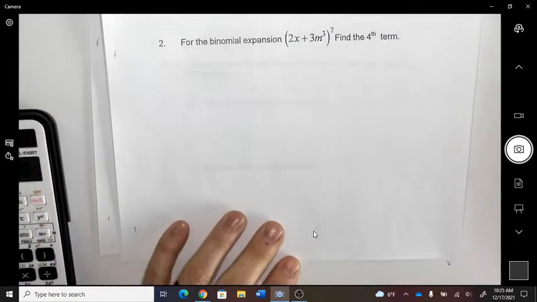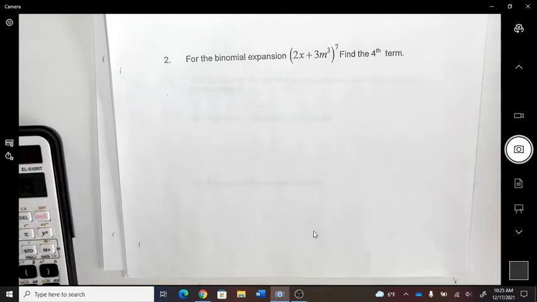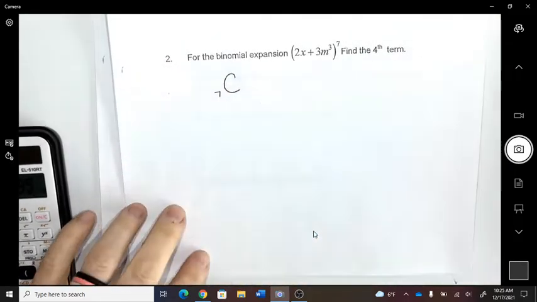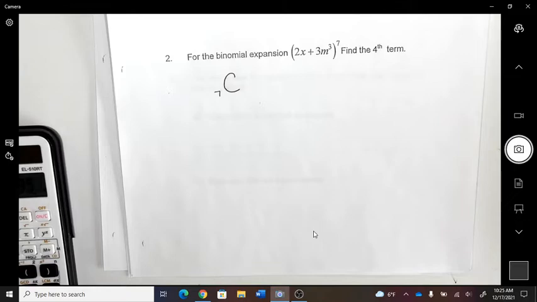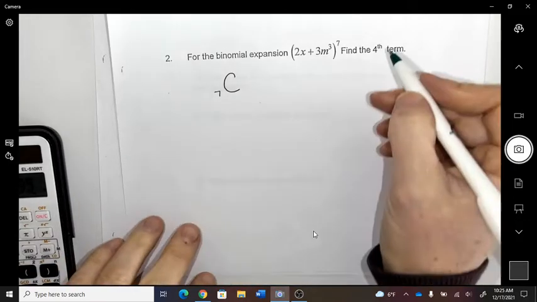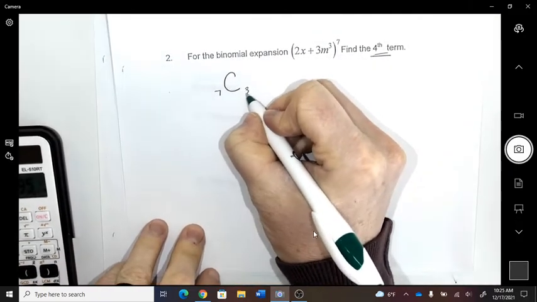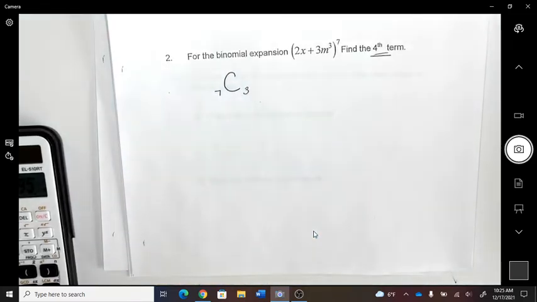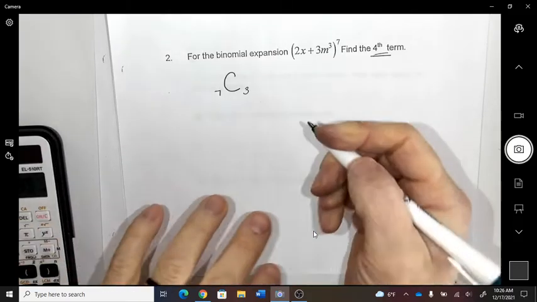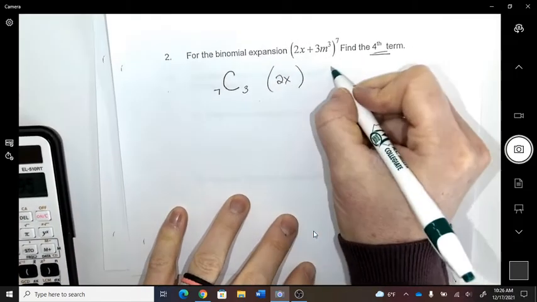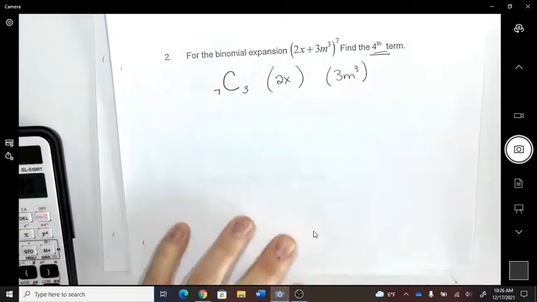Okay. If we expanded this, what's the 4th term? Okay, so what choose what? It's the first part of this formula. So the exponent 7, and find the 4th term means that I'm going to be choosing 3, because the first term was choose 0, choose 1, choose 2, choose 3. 2x, 3m cubed.